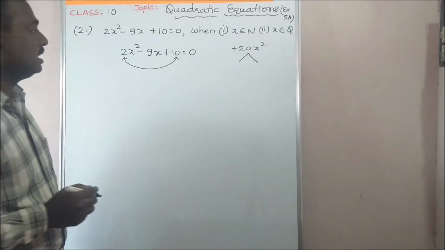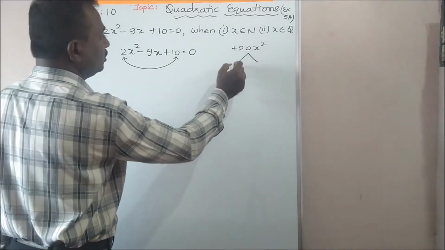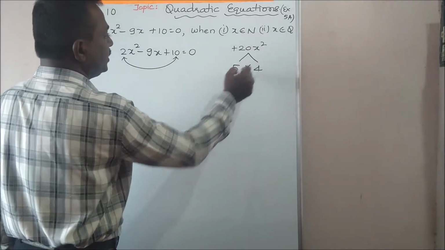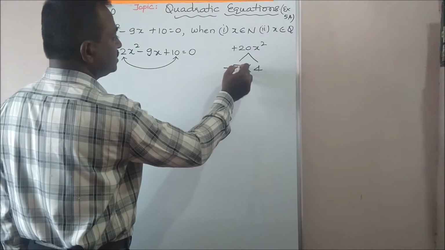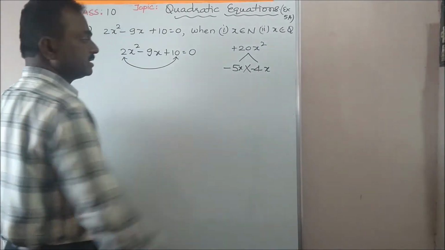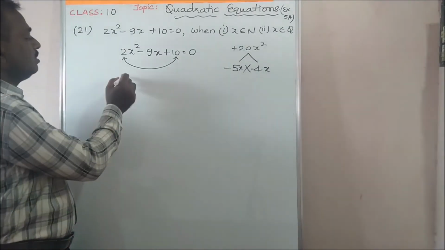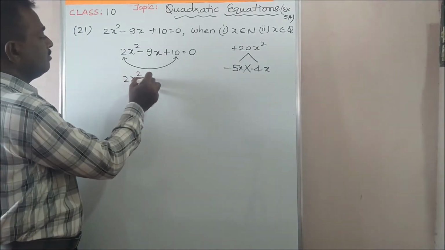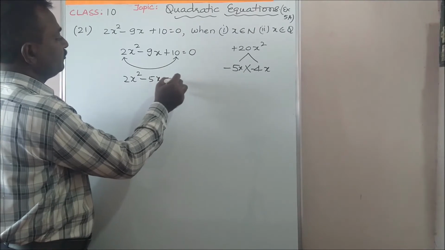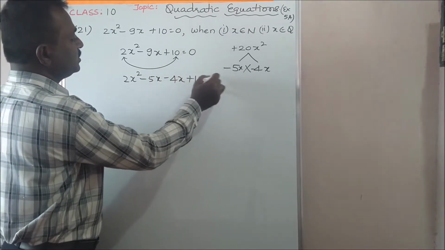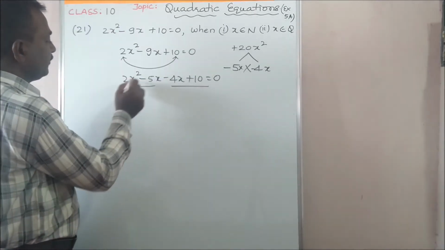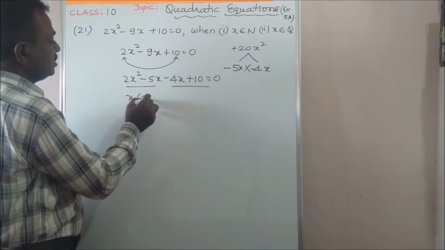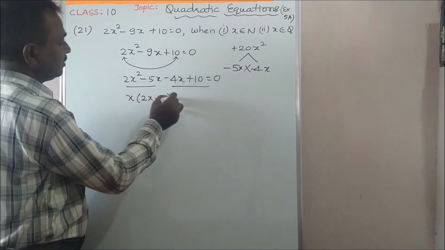5 into 4, so −5x −4x. Now 2x² − 5x − 4x + 10 = 0. Divide into two parts. The common factor here is x: x(2x − 5).